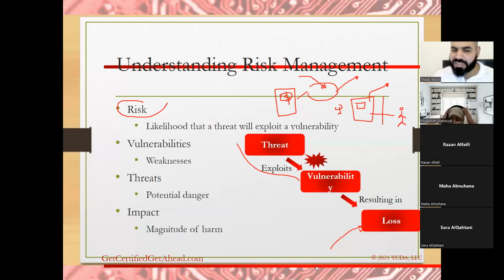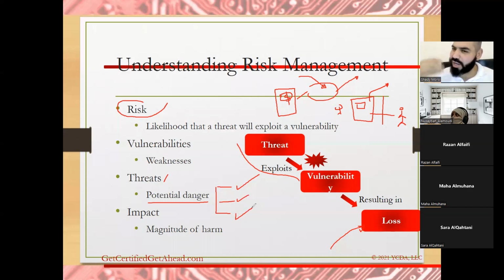Yesterday, we mentioned threats as any potential danger. Okay, now today I will open this topic a little bit. What do we mean by potential danger here? Potential danger here means anything that can compromise your confidentiality, your integrity, your availability. Okay, so now we need to be more specific.